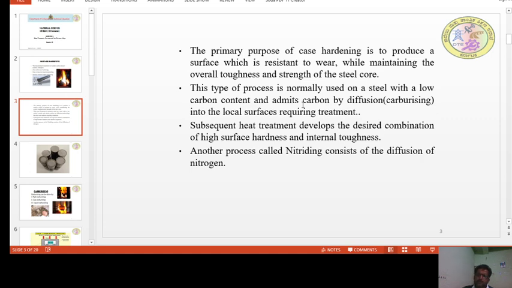It is recommended only for medium and low carbon steels, so that we can admit extra carbon at the surface and then modify it. The subsequent heat treatment develops the desired combination of high surface hardness and internal toughness. Another process, called nitriding, consists of diffusing nitrogen, where nitrogen is introduced into the material.